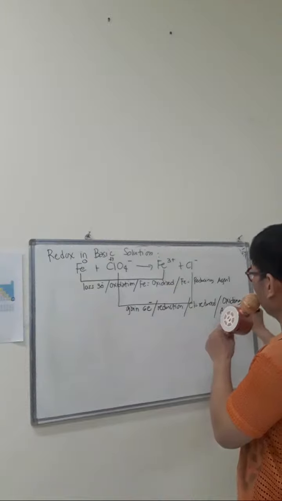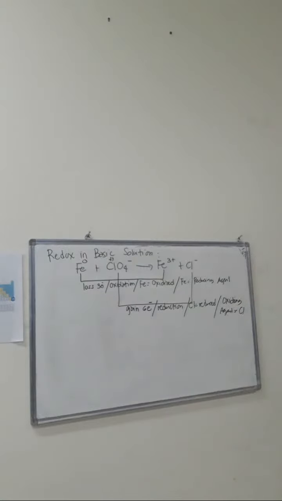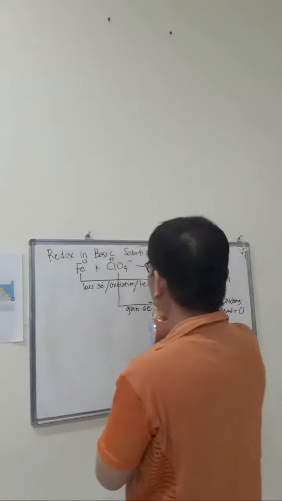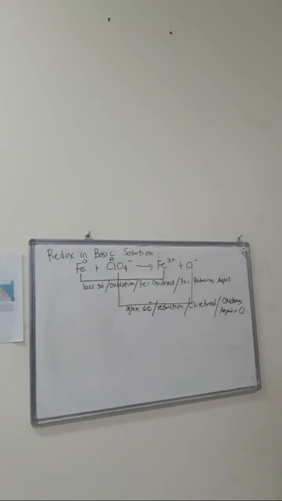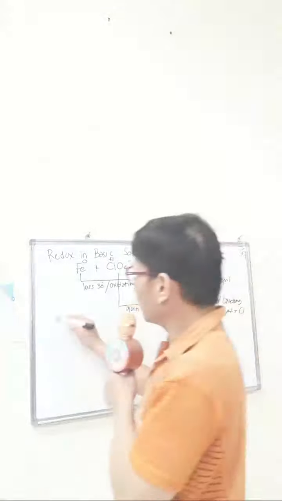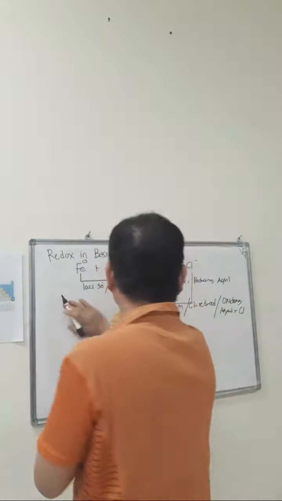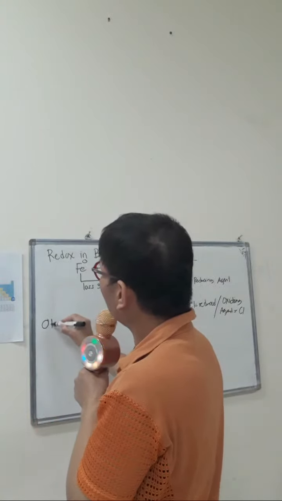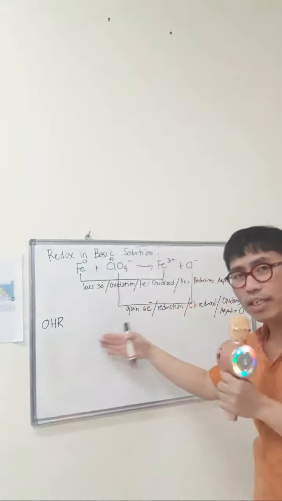Okay, after this, we balance the number of atoms: iron, iron, chlorine, chlorine. Now for step 2, we obtain the half reactions, first the oxidation half reaction. Can you see my board here?